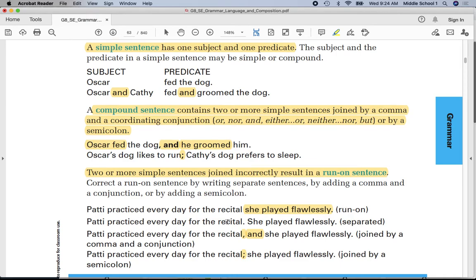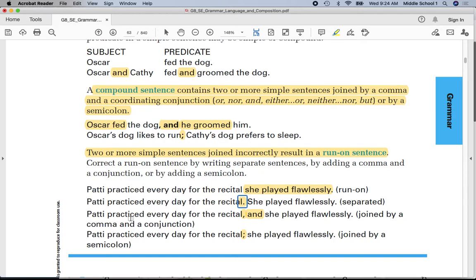Patty practiced every day for the recital, period. Capital She played flawlessly. Patty practiced, subject, predicate. She played, subject, predicate, separated by the proper punctuation. These are 2 simple sentences.